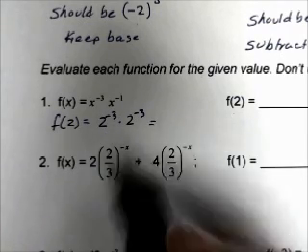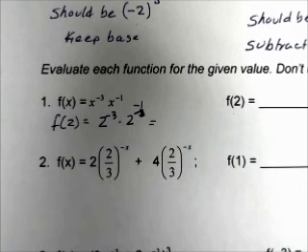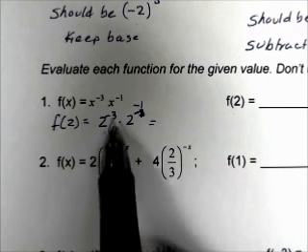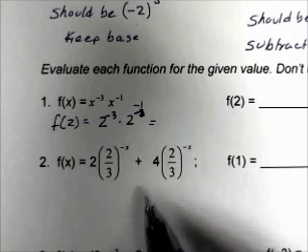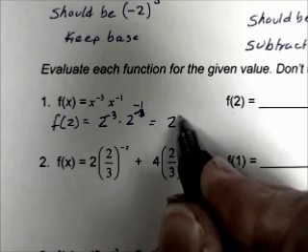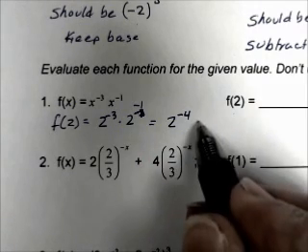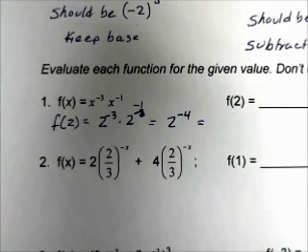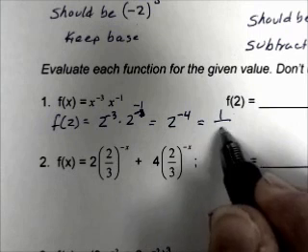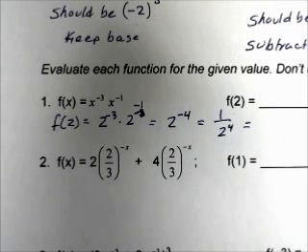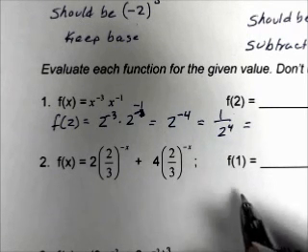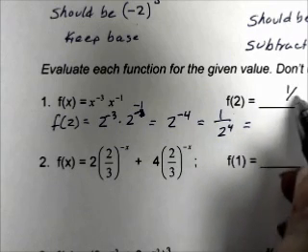Oops, this is supposed to be a negative 1, sorry. So 2 to the negative 3 times 2 to the negative 1 is 2 to the negative 4. Writing it with a positive exponent would be 1 over 2 to the positive 4, and 2 to the 4th is 16. So this would be equivalent to 1/16.